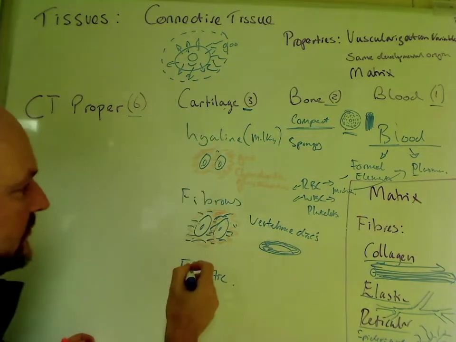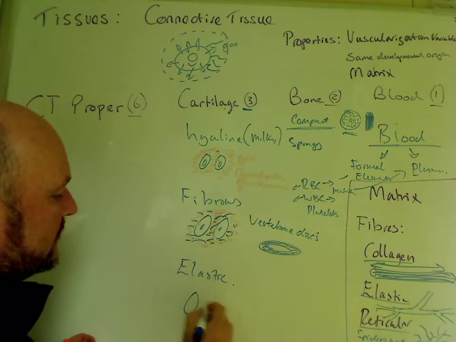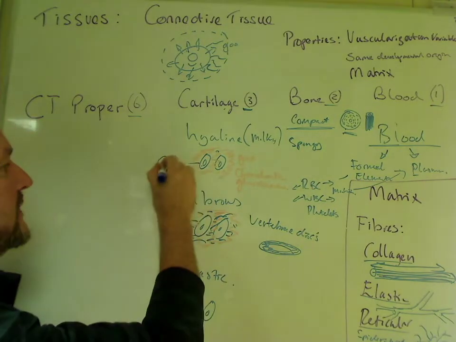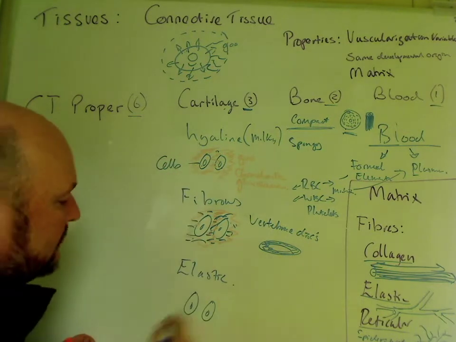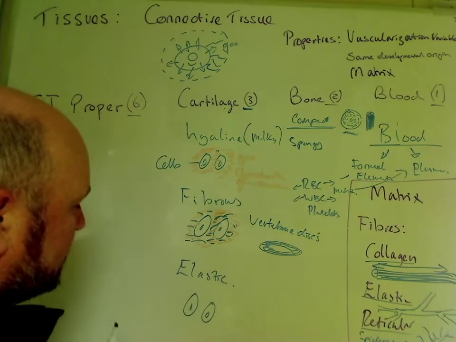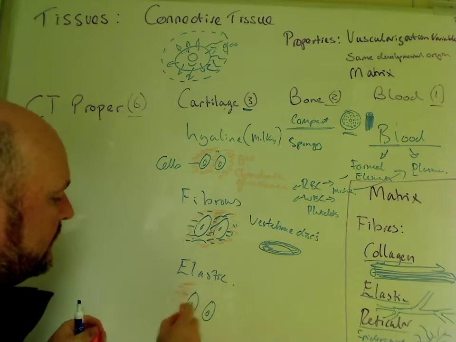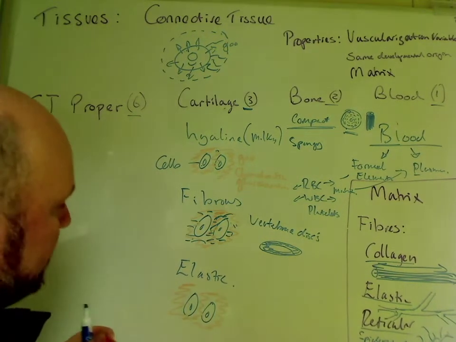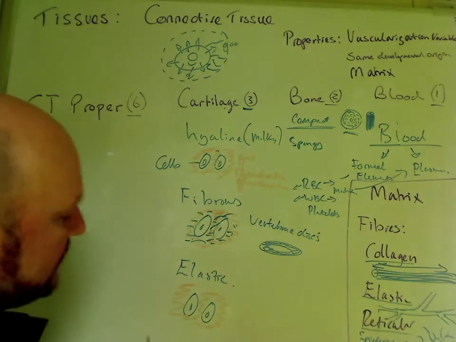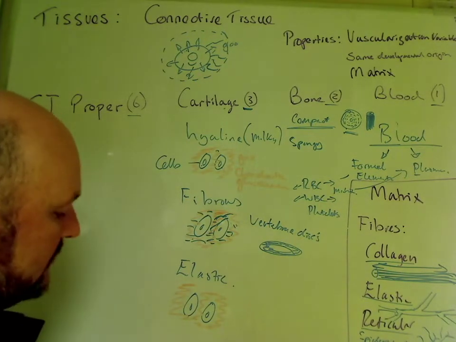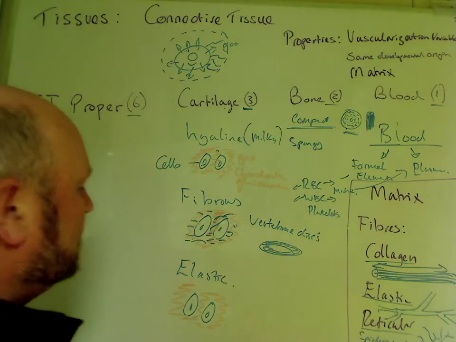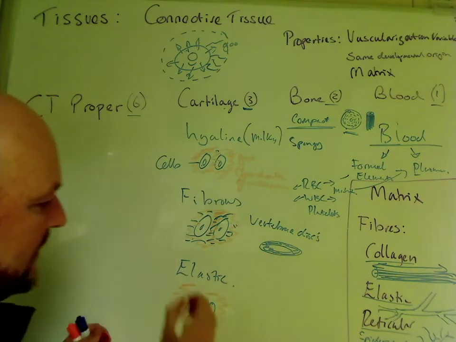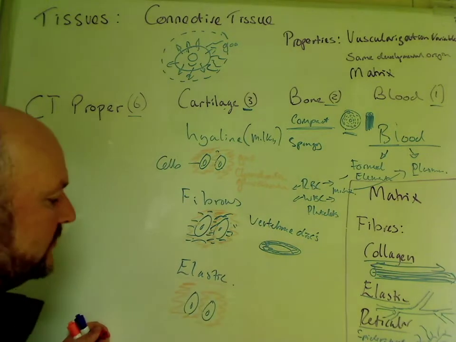Our last of the three cartilage is the elastic, and of course, just like the other two, it's got its little eye-like cells. Remember, these are cells, and they're producing the matrix just like all the others. So if it was just that, it would be hyaline, so of course it's got something else in it, which isn't going to be collagen, but I think the giveaway is the fact it's called elastic.